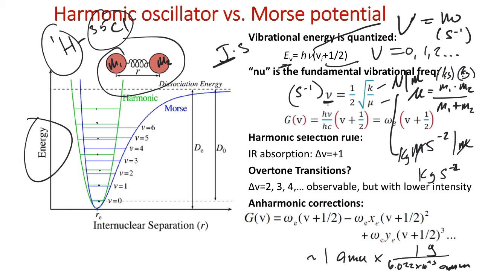So 1 AMU, sorry, my handwriting is not great, but Avogadro's number of AMU in 1 gram is our conversion over to the gram scale, and of course 1,000 grams in a kilogram gets you up to the kilogram scale. So we're talking 10 to the minus 26 to 27 is sort of the number of kilograms that a given atom has. So a really small mass, but yet the unit of the reduced mass is kilograms.